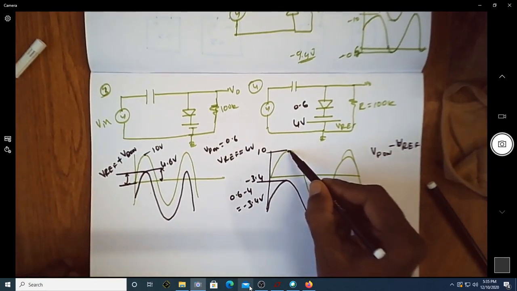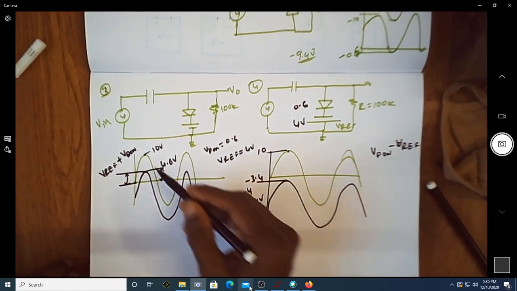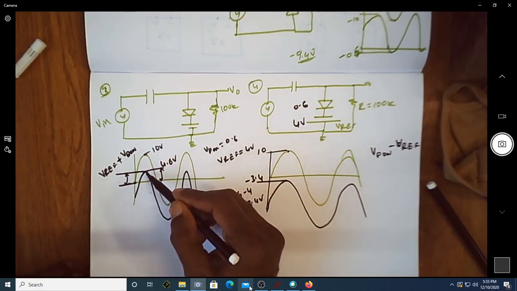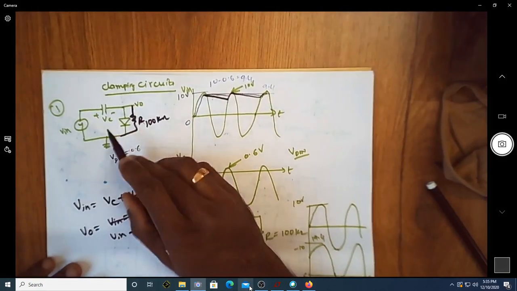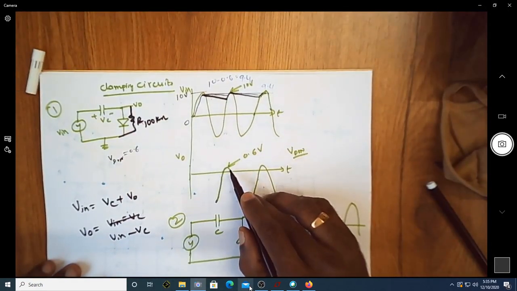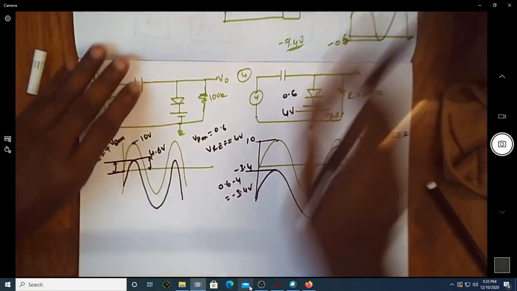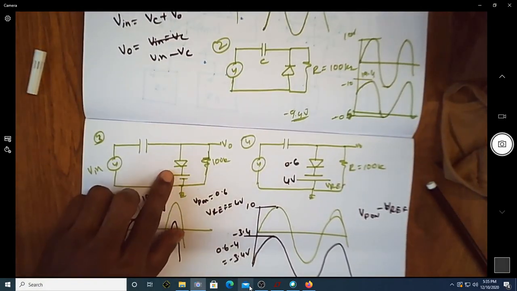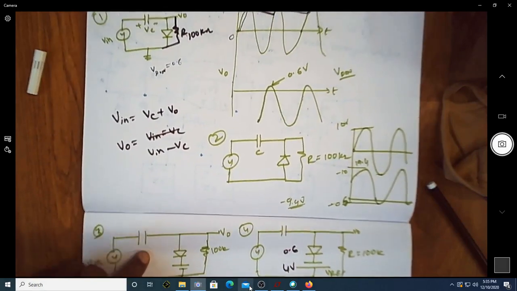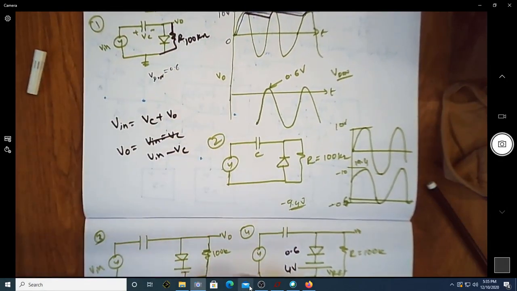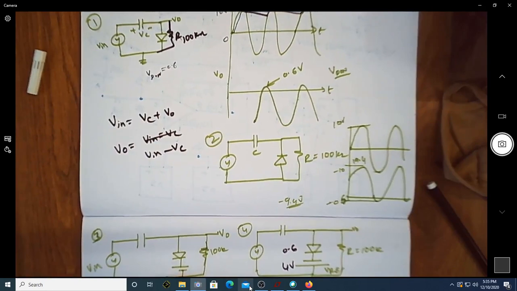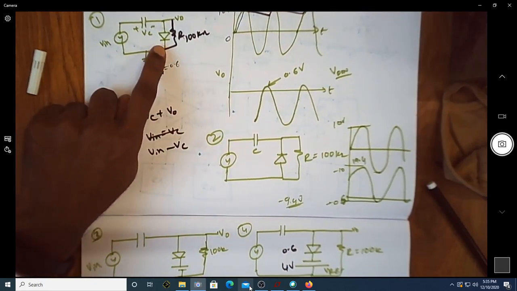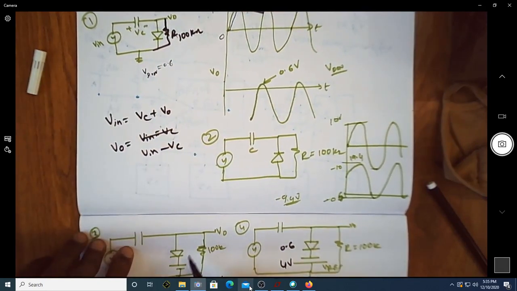The positive peak is clamped to some negative reference. The positive peak is clamped to the positive reference. The positive peak is clamped to V gamma. So you can see the orientation of the diode is same in all the three circuits. This is down here, down here, down here, that is looking towards ground. You don't have a reference voltage here, you have a V reference which is positive.